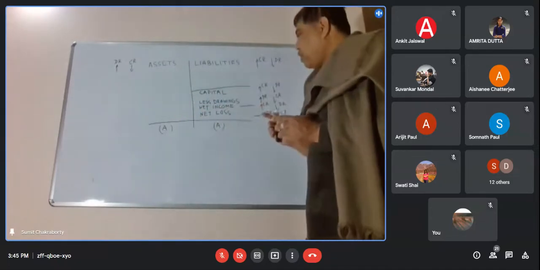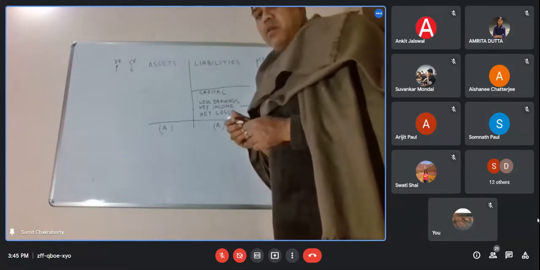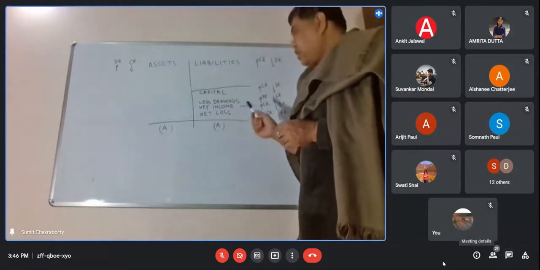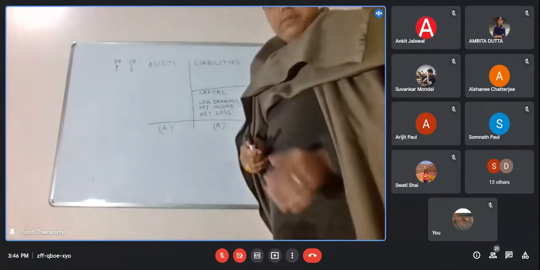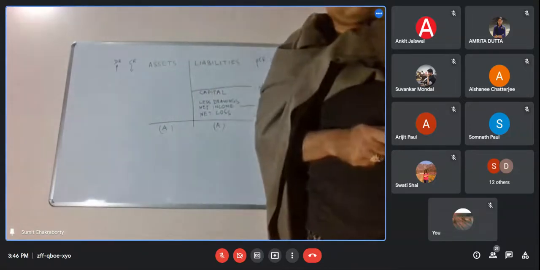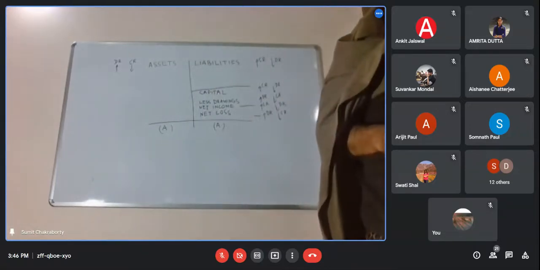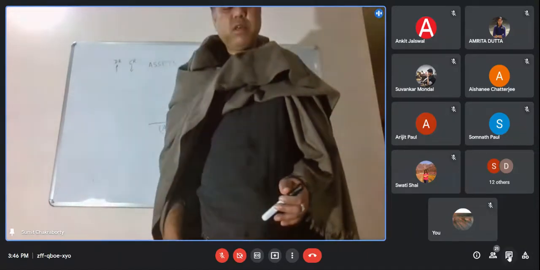Any questions so far? You can take a snapshot. You can also look at the notebook. Any question? No question?